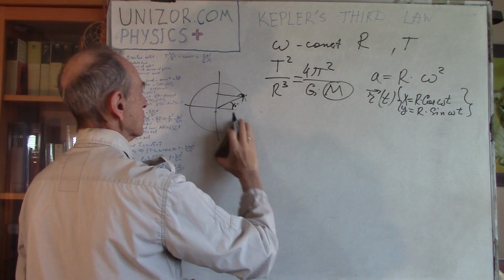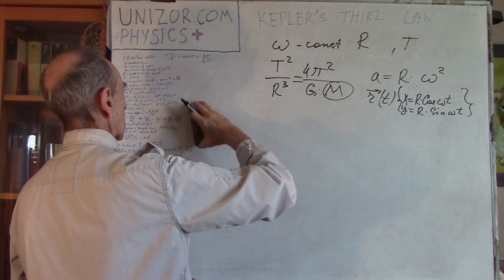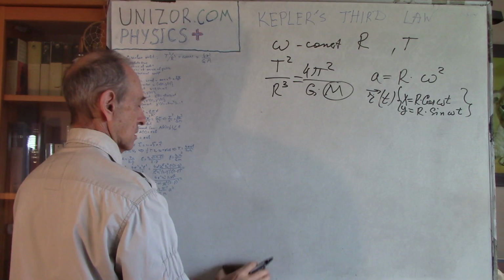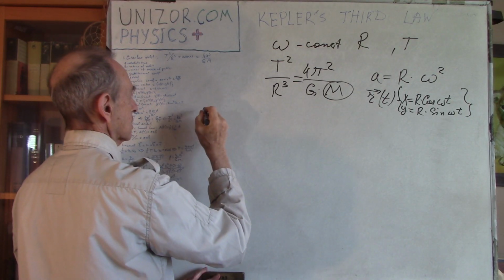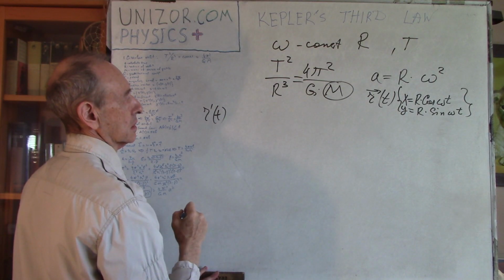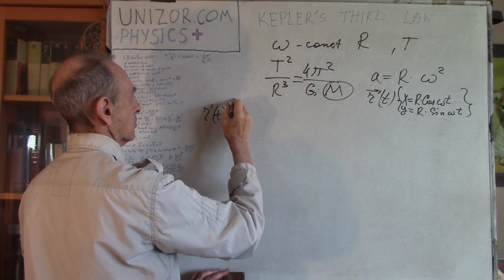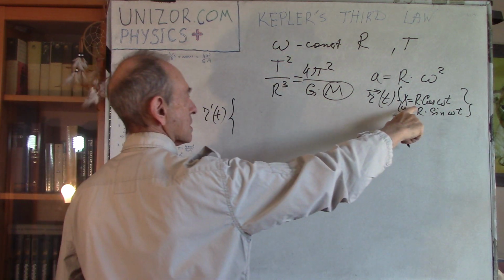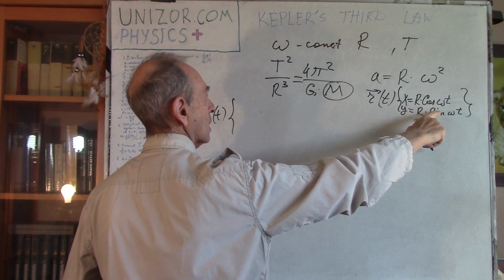Now from this we can derive vectors of speed and acceleration. So the speed vector, which is the first derivative, would be equal to, x coordinate would be what? R is a constant, omega is a constant.